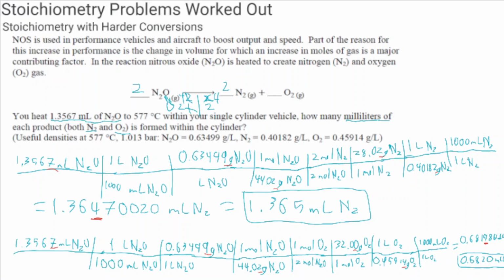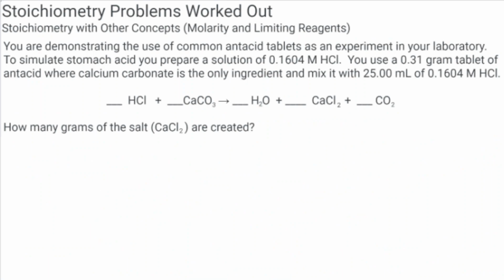And this one is going to involve throwing in some other concepts you may have learned in chemistry thus far. So let's go ahead and clear that out. All right. So in this particular one, we're going to be utilizing molarity and limiting reagents. So let's go ahead and read that problem.